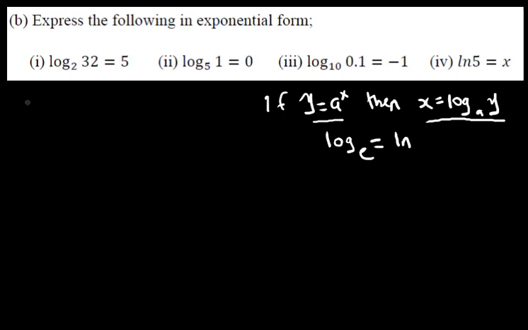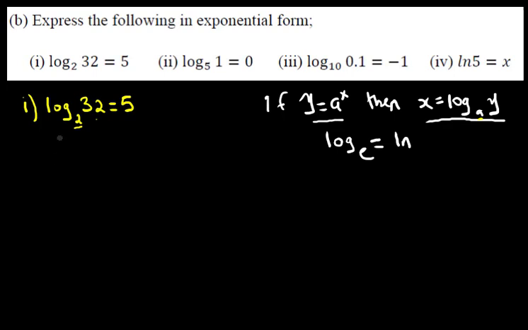For question one, we have log base 2 of 32 is equal to 5. Using this conversion, we can see that the 2 is the a, the 32 is the y, and the 5 is the x.